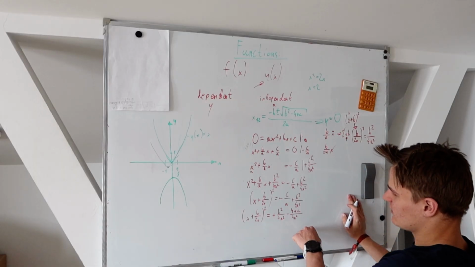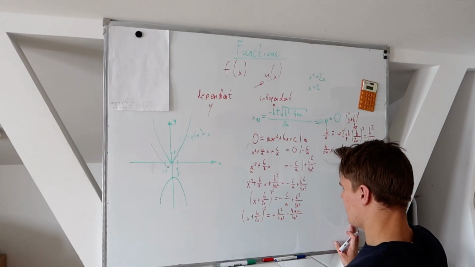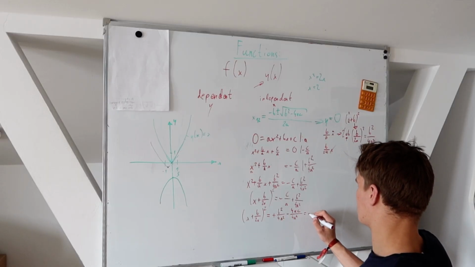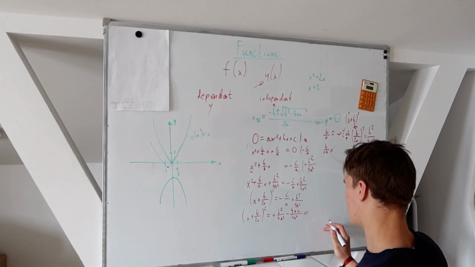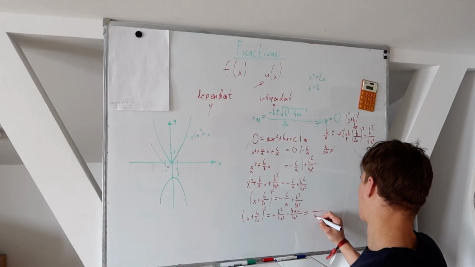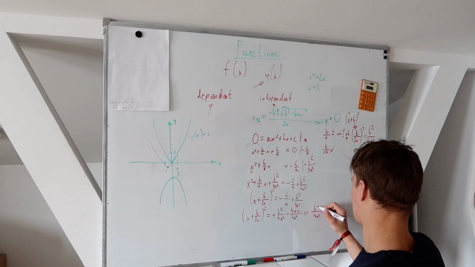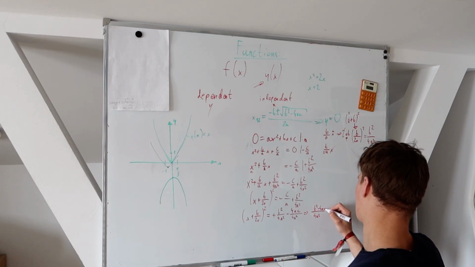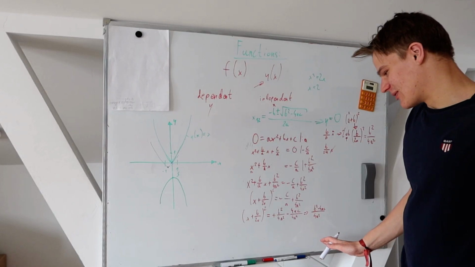Because I just expanded with 4a on the top and on the bottom. Good. And now this becomes 4a squared, and this becomes b squared minus 4ac, right? You can already kind of see where this is going.